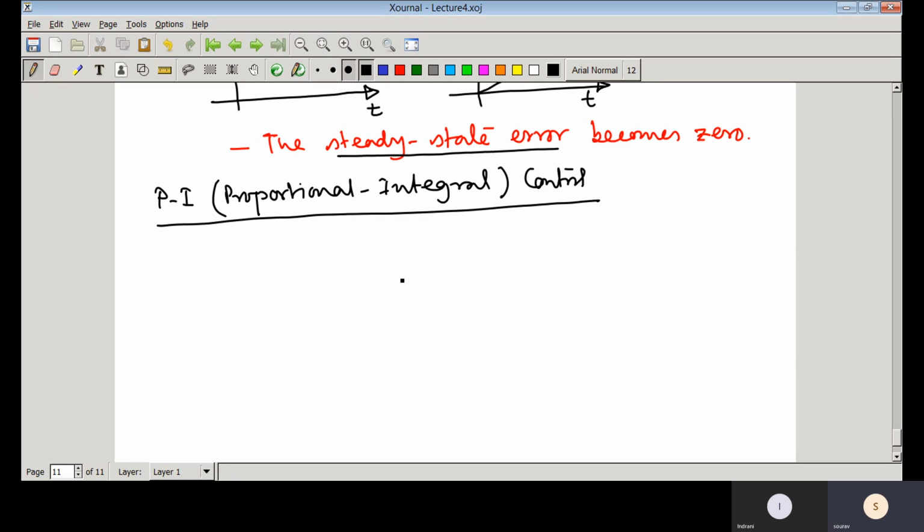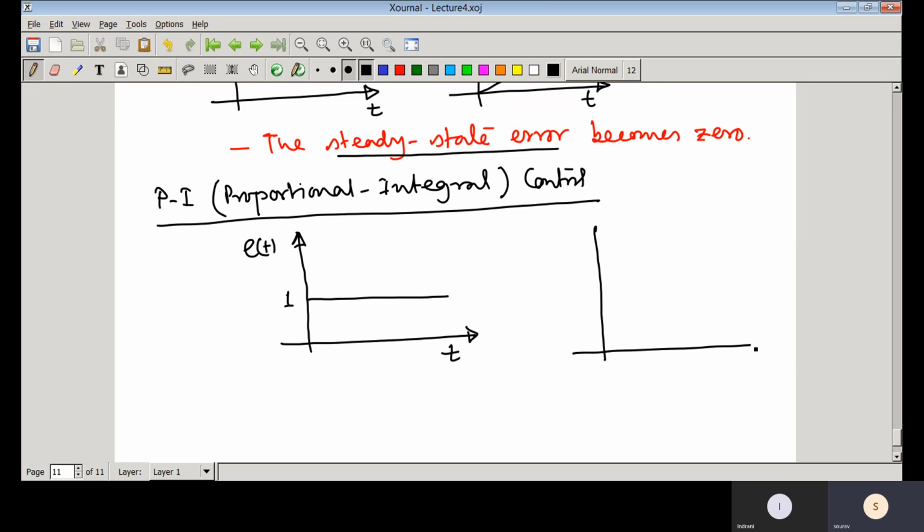So how does it look like? So suppose you have that error signal e(t) equal to 1, and this is your time axis. So now what would be your PI controller's output? That means the proportional controller is actually kp into e. So depending on your kp value, it would be this kp.